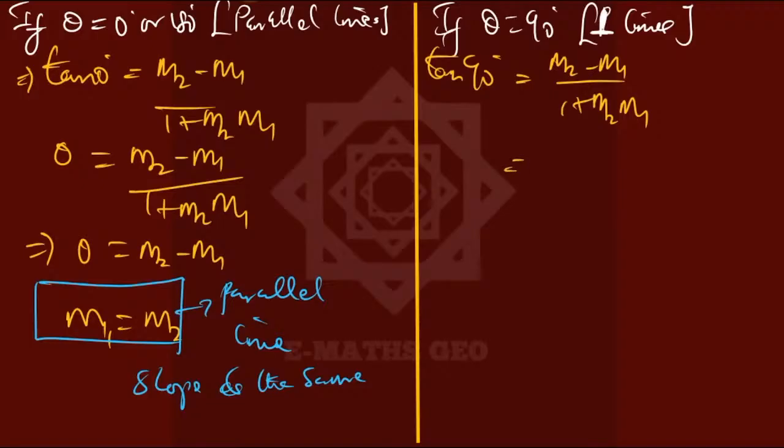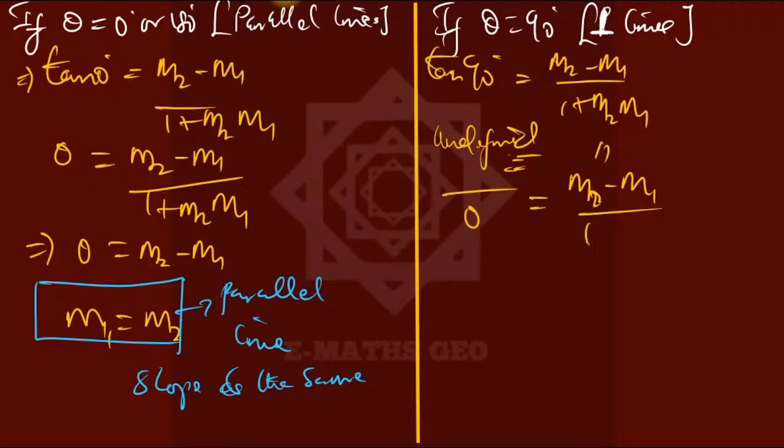And we know that tan 90 is undefined, and undefined in mathematics means over 0. We don't know anything about the numerator, but the denominator must be 0, which implies that 0 equals 1 plus m2 m1.